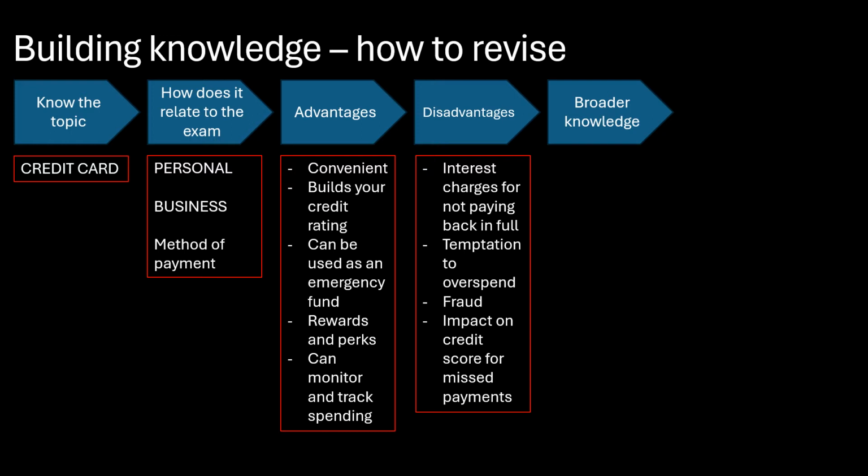You also open yourself up potentially to fraud by having a credit card, and also there's the impact on your credit score if you miss payments. If you don't make a payment, that will be reported to the credit reference agency, and you may find it difficult to get loans and other credit cards in the future.